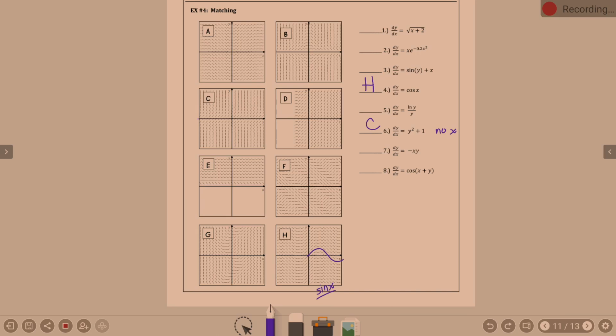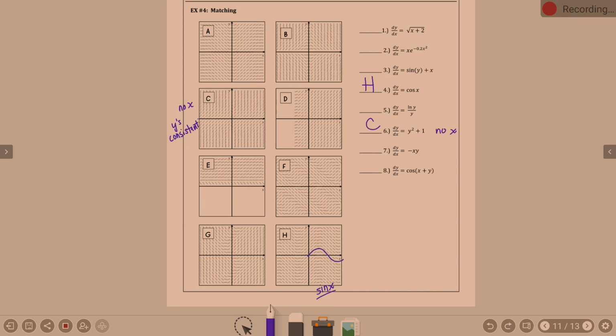As you move up, the bigger it gets, notice what's happening. The more vertical it's getting, right? Down below, you kind of have the same thing going. The farther away you get, or the bigger y values you get, the steeper my slope gets. Okay, so the fact on C that there's no x and the y's are consistent, okay, like each y value is consistent, that tells me I'm looking for something without an x in it. Okay, so that's a technique to look for.